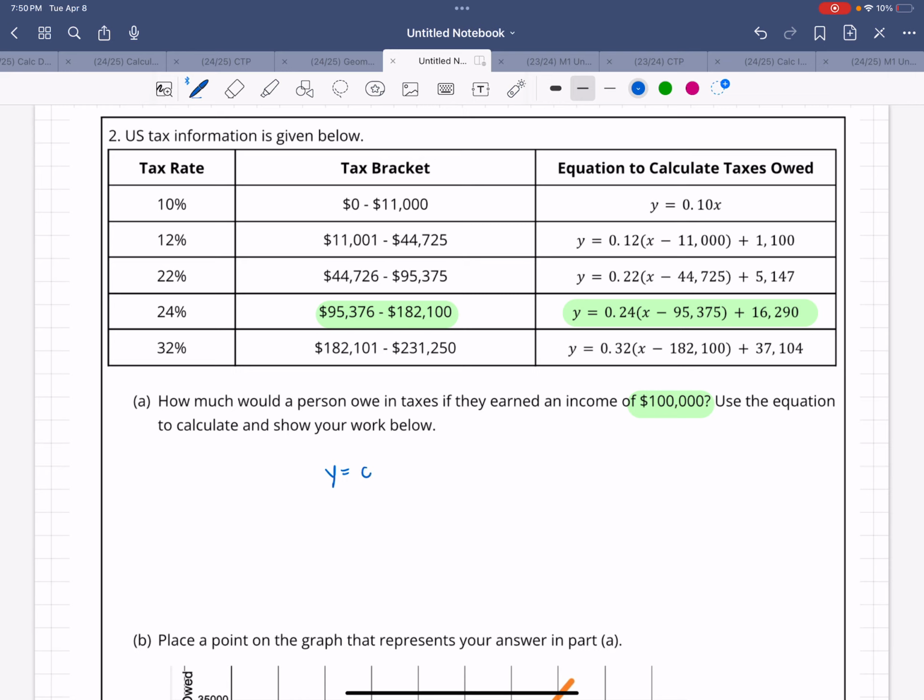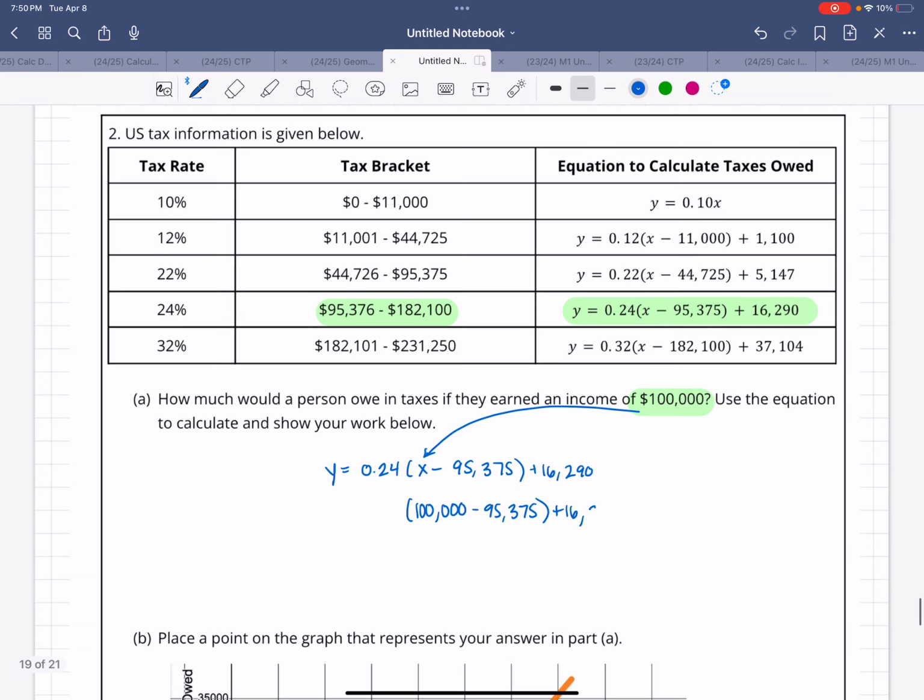Definitely use a calculator here. So instead, let me write this all out. Instead of writing an x value, we're going to substitute in $100,000. So I have $100,000 minus 95,375 plus 16,290.